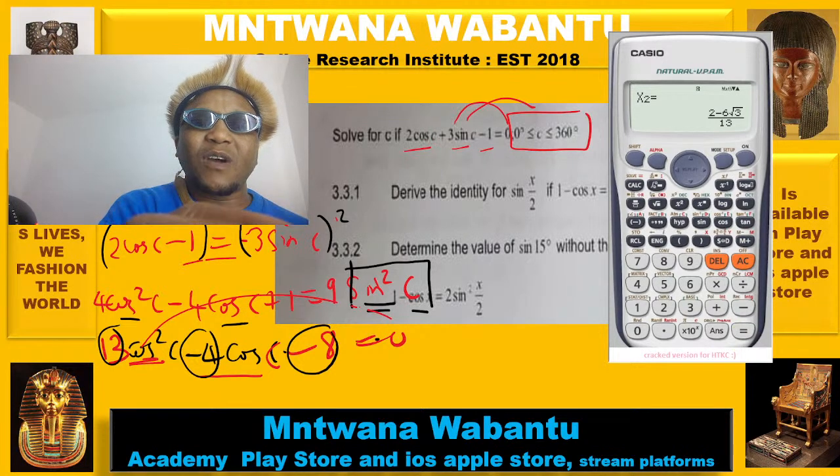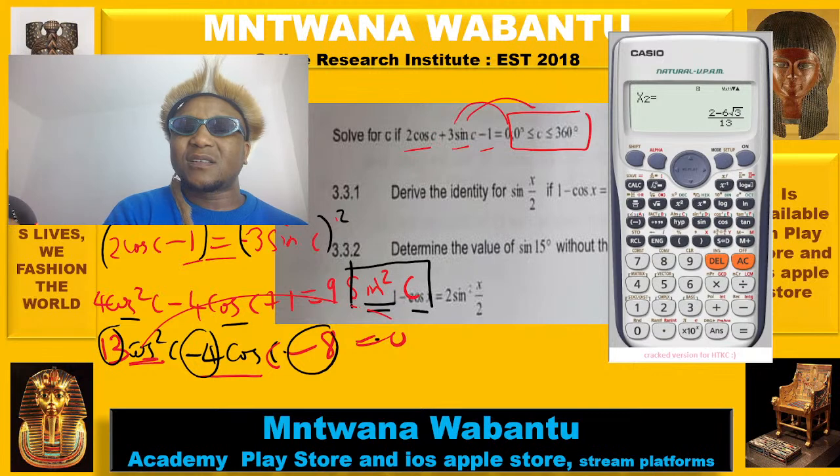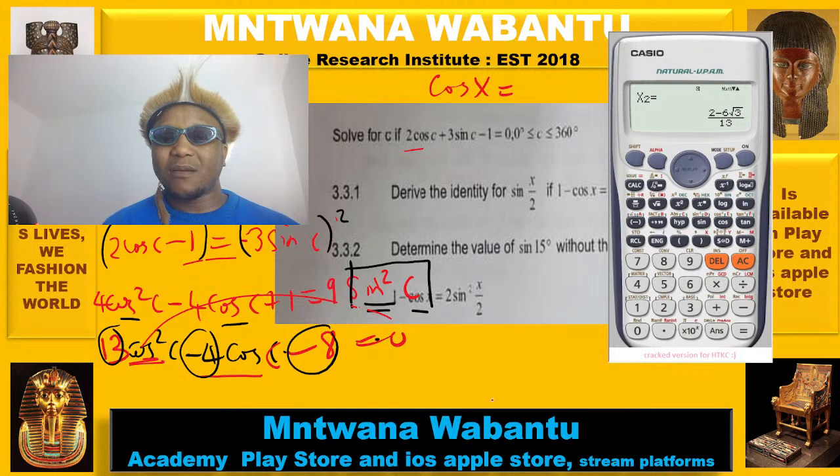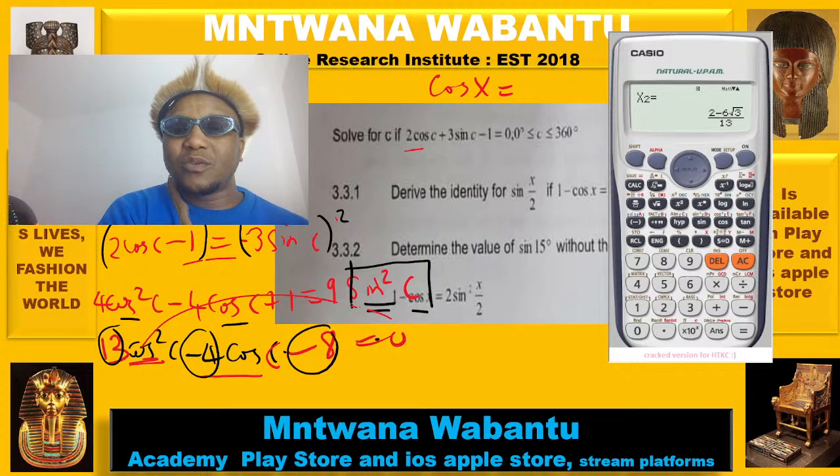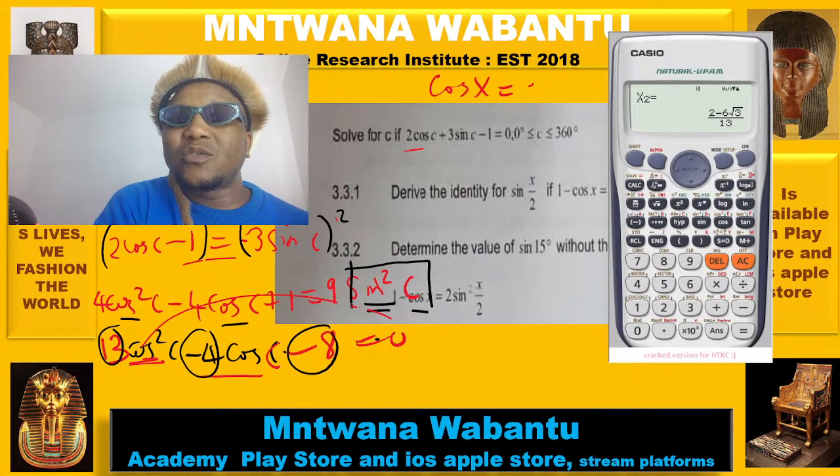So then our first value of cos x, let me check my calculator here. Equal to, oh, I see, it's not 2 plus, it's 2 minus 6 square root of 3 over 13.